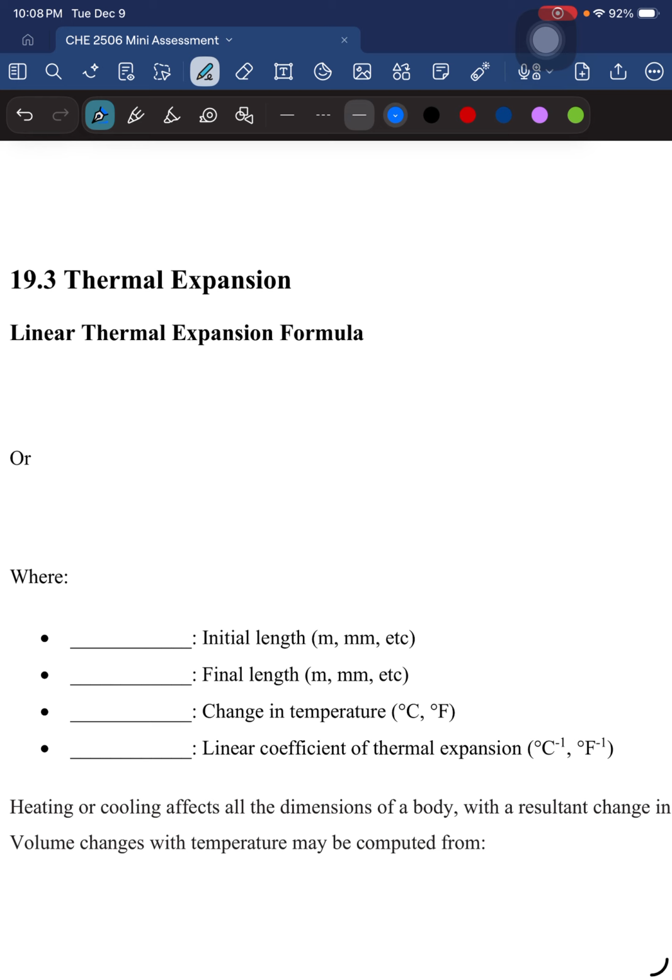We have your final length subtracted by your initial length, over the initial length, equals alpha L multiplied by the change in temperature.